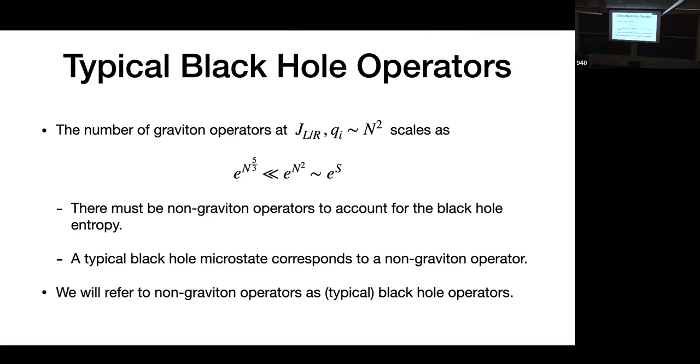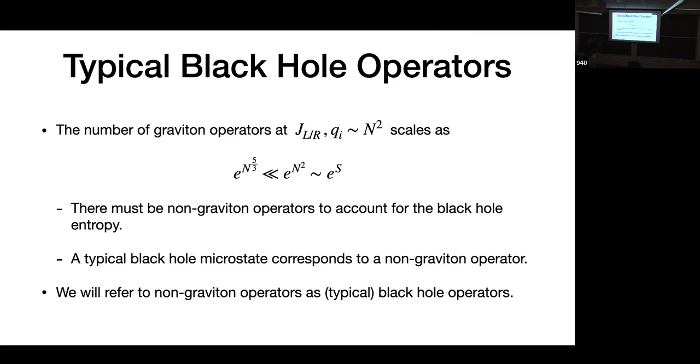The number of them grows like e to the n to the 5/3, but this is much smaller than e to the n squared, and e to the n squared is the number of black hole microstates we have. So this simple exercise tells us there must be non-graviton operators to account for the black hole entropy.